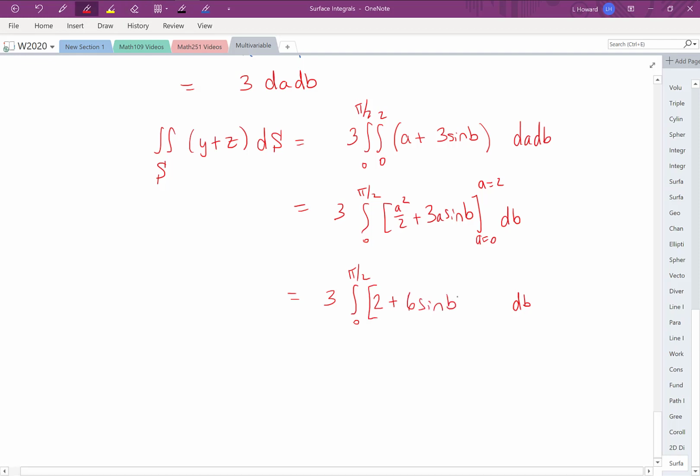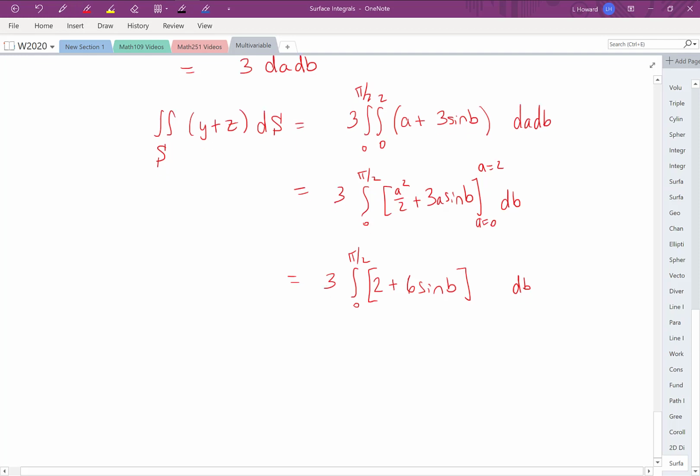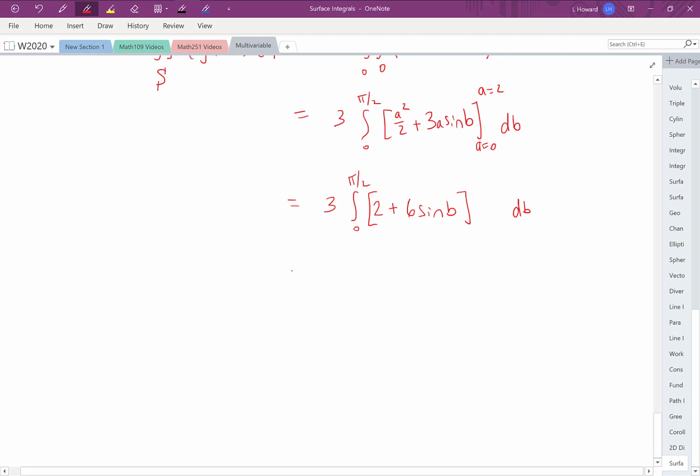And then evaluating at a equals 0 gives us 0. So no new terms coming in there. So now we just need to do our last integration with respect to b. So we'd have 3 times, while integrating with respect to b, 2b minus 6 cos b. And then let's evaluate that at b equals pi over 2 and b equals 0.